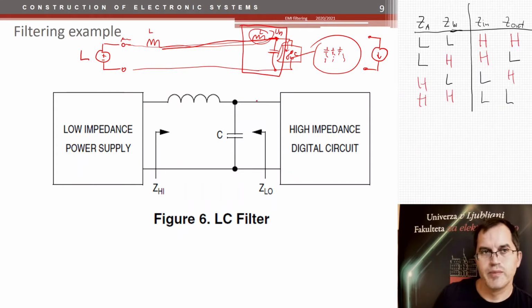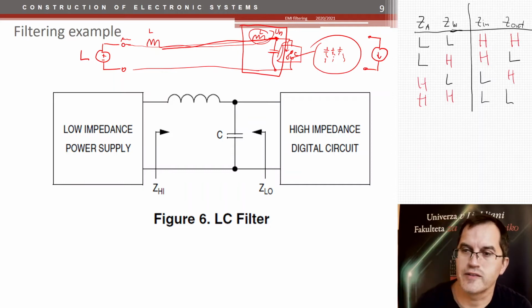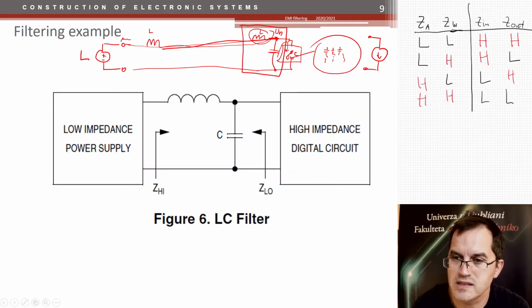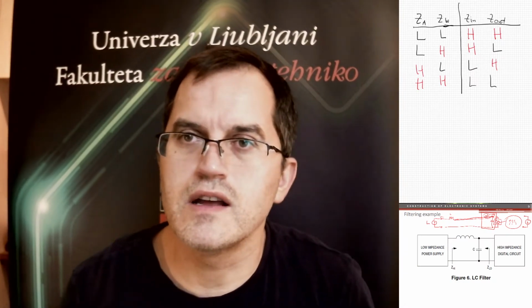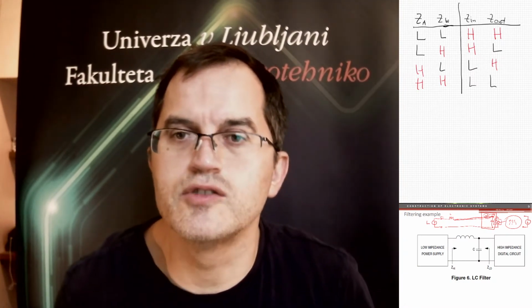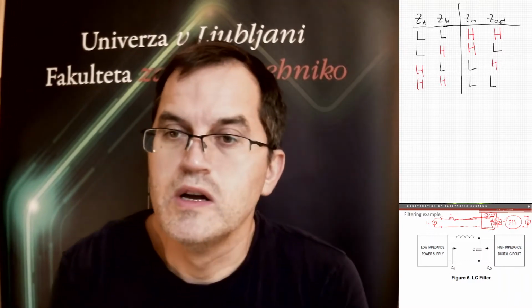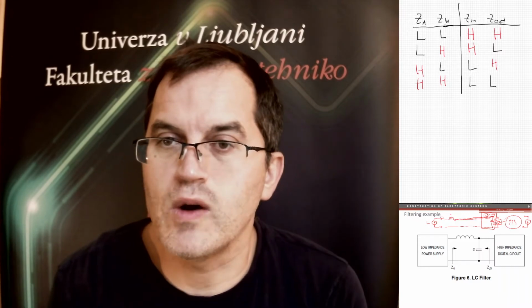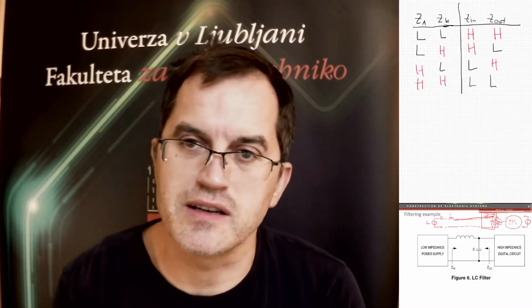Choosing the filtering components might be really tricky. Why? Because the non-ideality of capacitors and inductors is not very easily defined, because they are more or less hard to measure, and not just hard to measure, also quite dependent on the way that you're using them in the circuit.